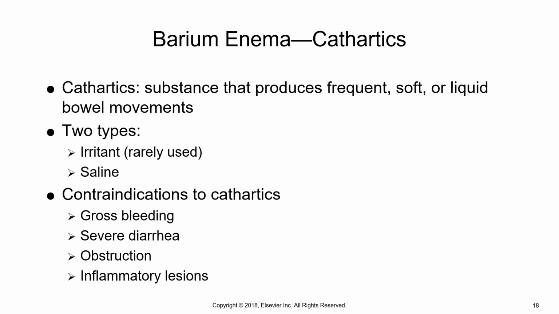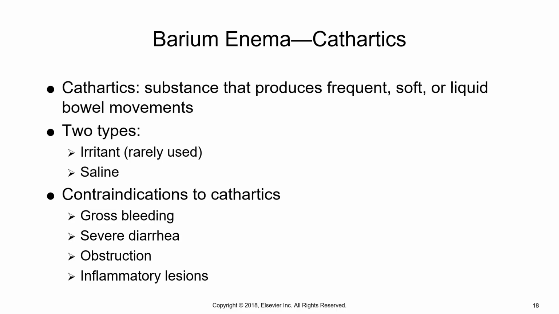The cathartics, when we talk about that, they mention these on page 514. A cathartic is a substance that produces frequent soft or liquid bowel movements. A synonym for a cathartic would be a laxative. Now, there are some contraindications to using the cathartics. That would be if the patient has gross bleeding.